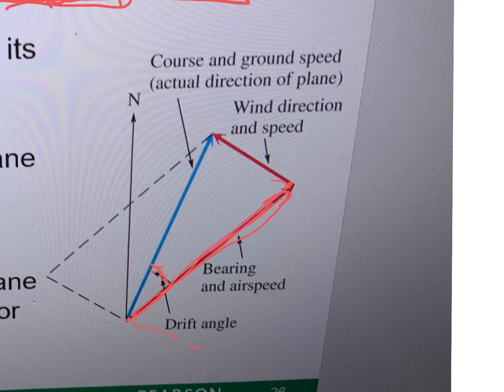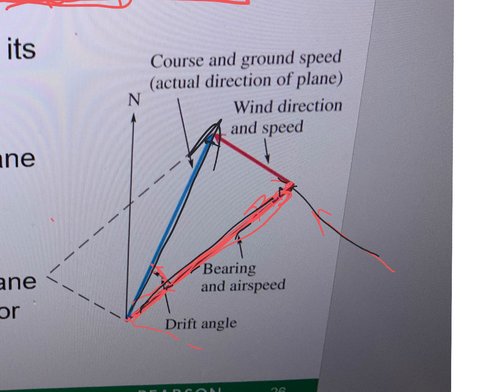Wind speed: you've got the wind pushing on the plane as the plane is flying this way. Therefore, it causes the plane to actually not go straight this way, because the wind's pushing it. So you've got your airspeed, you've got the wind speed, and it creates a new bearing for that plane. So if the plane wants to go somewhere, they have to take into account the wind speed.